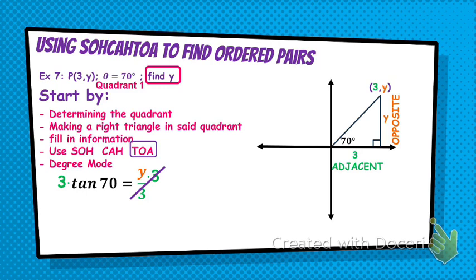Since we're dealing with degrees right now, go into mode, scroll down to where it says radians and degrees, select degrees and hit enter, and then second quit to get out of that screen. Now I can type in 3 tan 70 in my calculator exactly as that looks. So if you type in 3, then tan, then 70, we should get approximately 8.24 is our y.